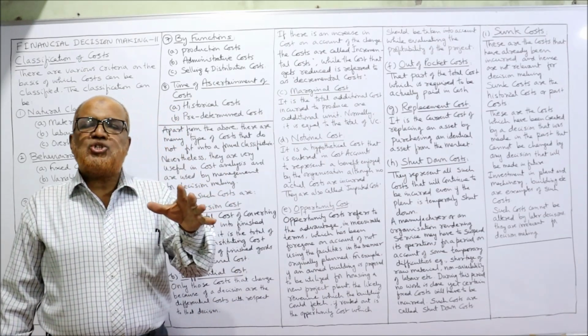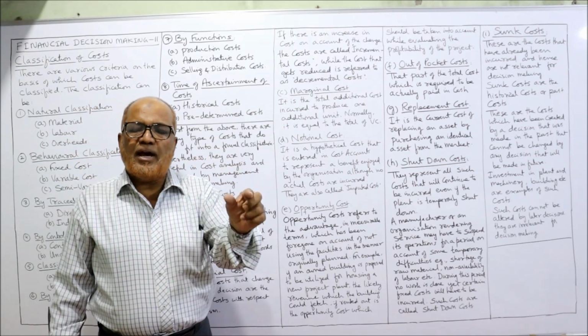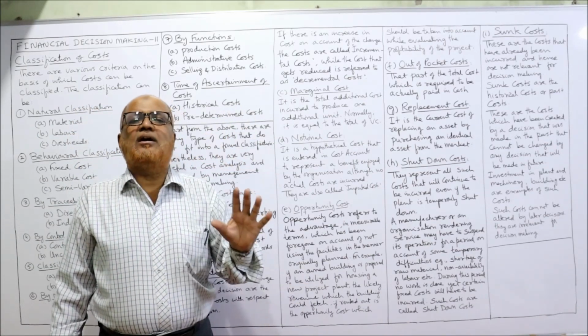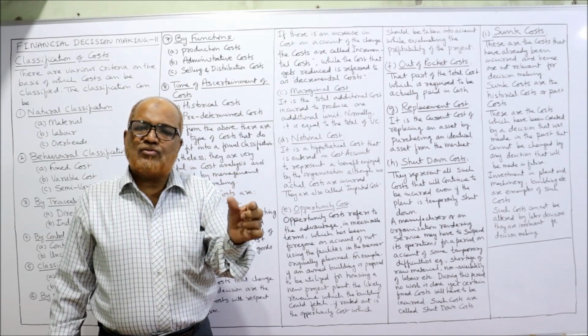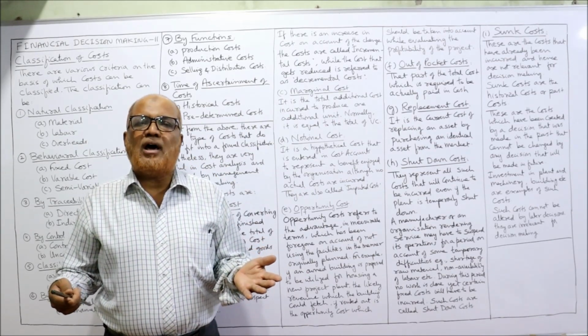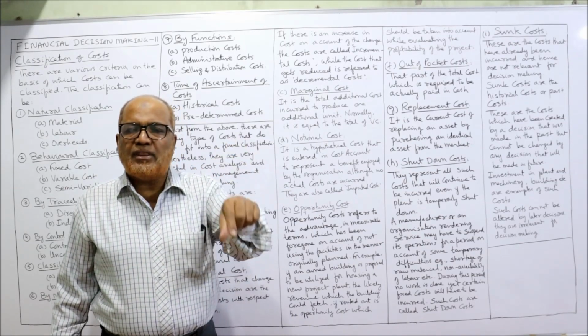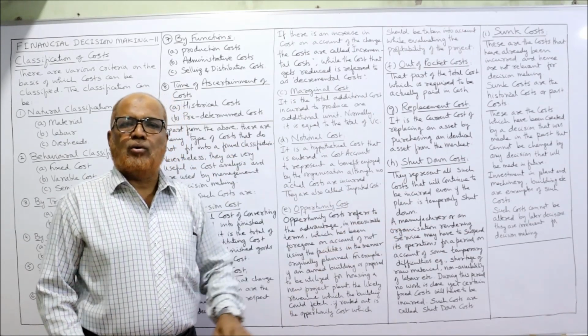But when the plant is shut down, when the business is closed, there are some expenditures to be incurred. Fixed cost will be there which is to be incurred even if the plant is shut down. Those costs which will be incurred even when the plant is shut down are called shutdown cost.